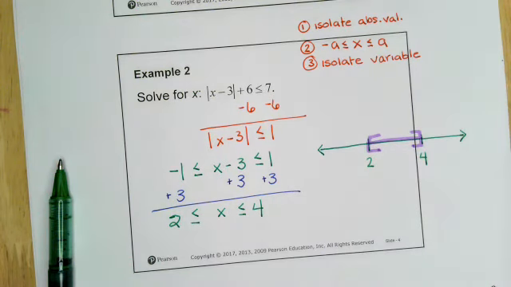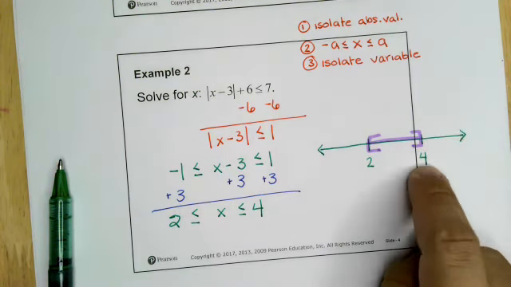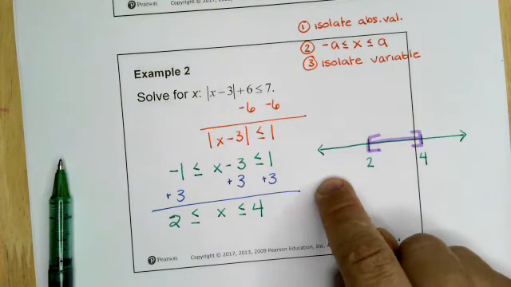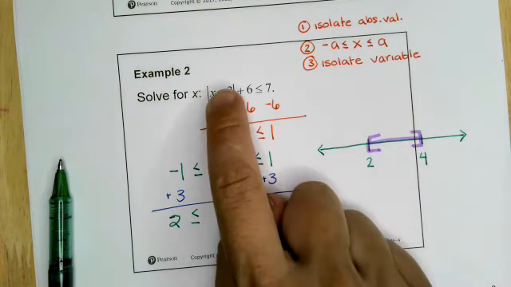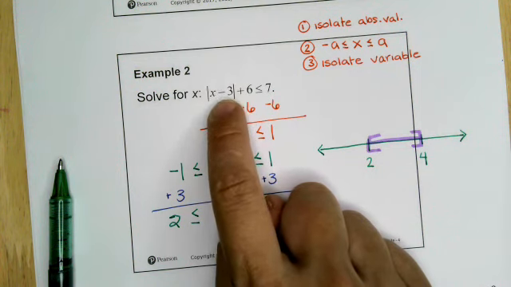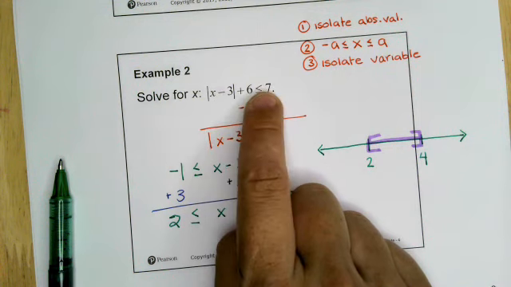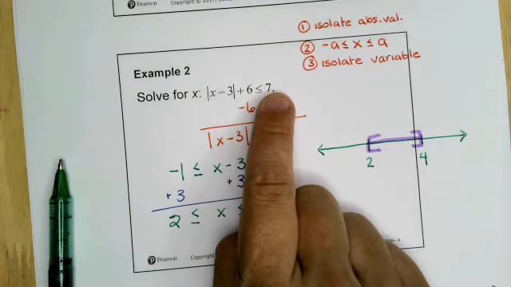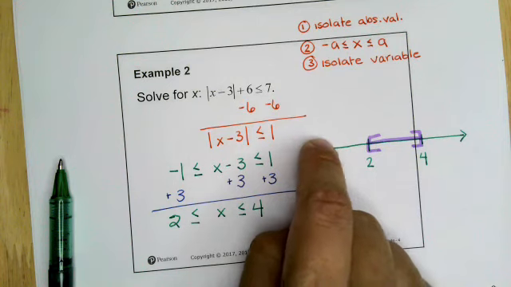So maybe I should check one outside my set just to be sure. What's outside of here? 0. 0 minus 3 is negative 3. The absolute value of negative 3 is 3. 3 plus 6 is 9. 9 is not less than 7. So that will not work.